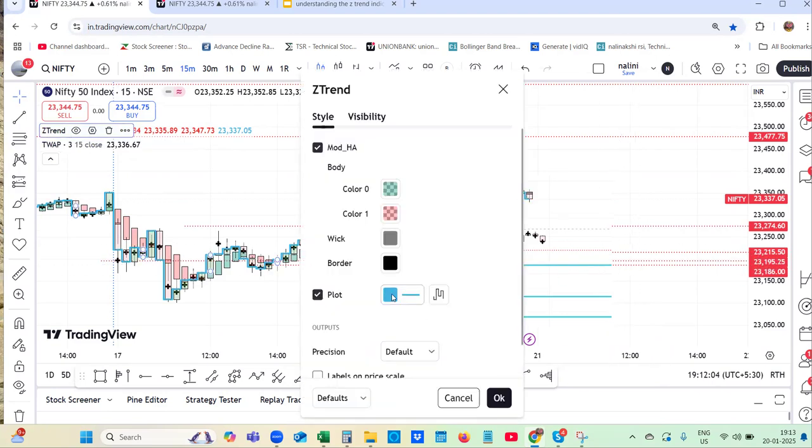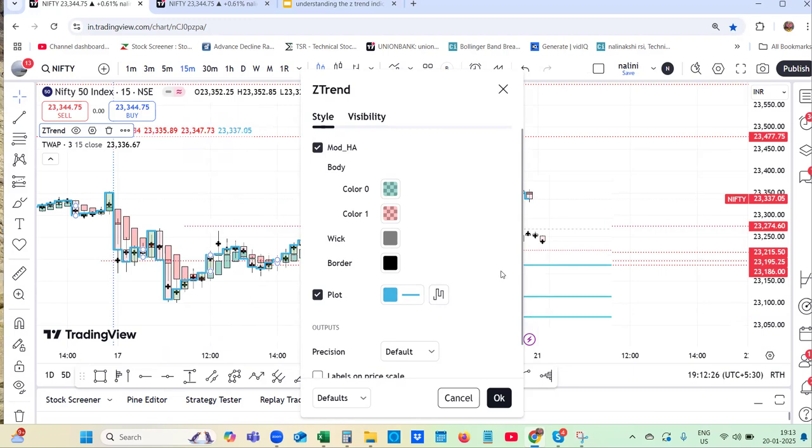You can tweak the Z trend line. You can make it a step line chart for your convenience. For me, if I make a step line chart, I can identify the trend properly, higher highs and higher lows.